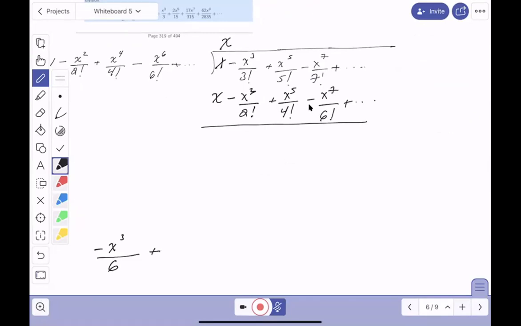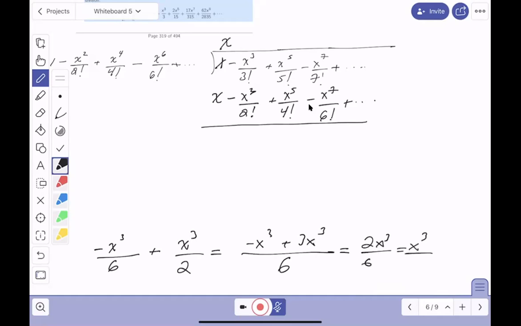That's a cube, by the way. x cubed over 2. Well, I've got to do that arithmetic, right? What would you get? Well, 6 is a common denominator. You get minus x cubed plus 3x cubed, which would be 2x cubed over 6, which is x cubed over 3.